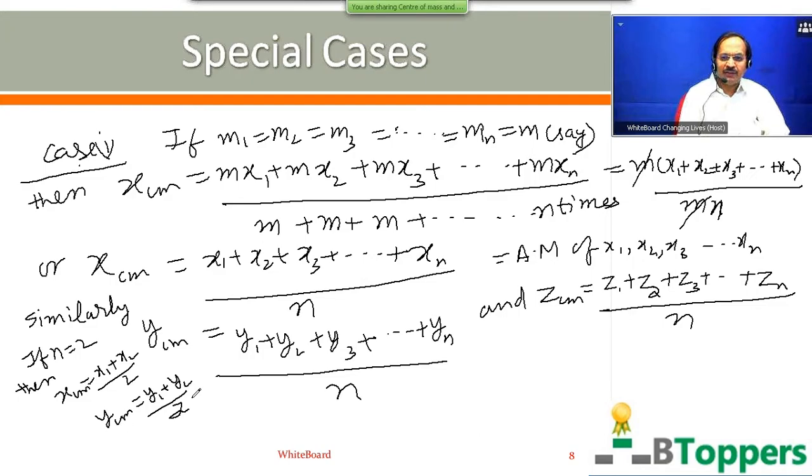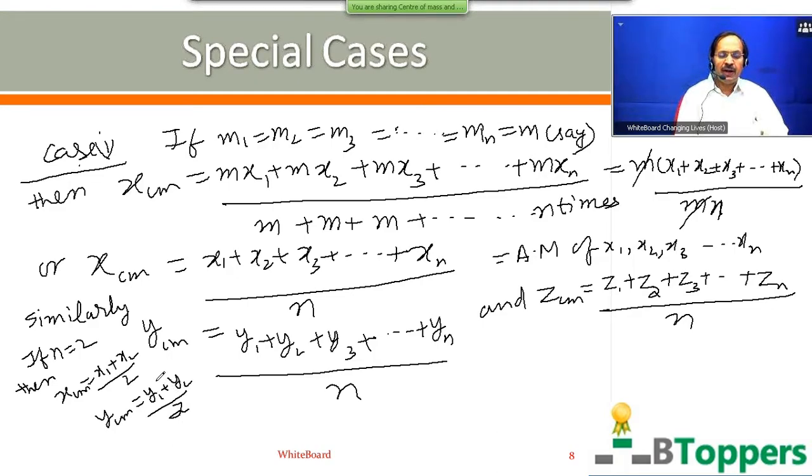The same way, the z coordinate of center of mass will be z1 plus z2 by 2. That means if you consider two equal point masses separated by a certain distance, then the center of mass of the system of the two particles lies exactly at the midpoint of the line joining the two particles.